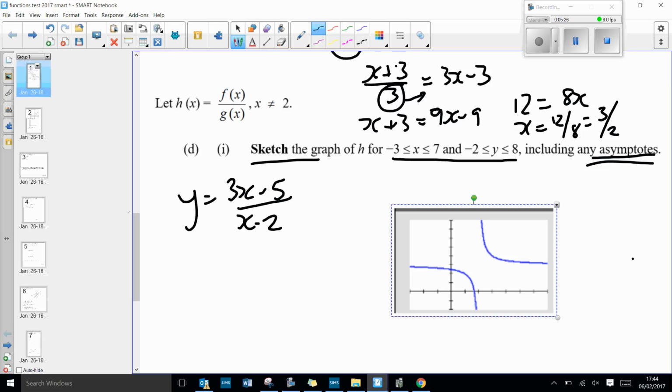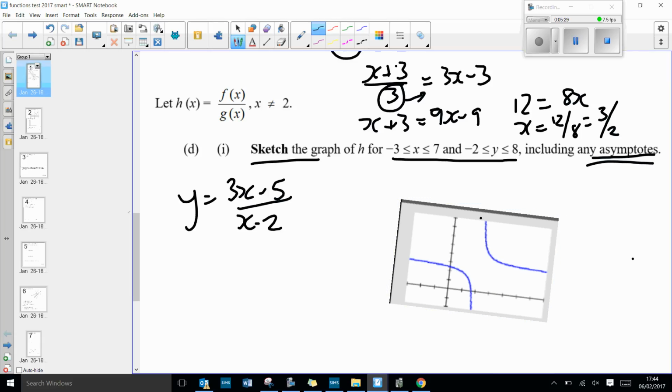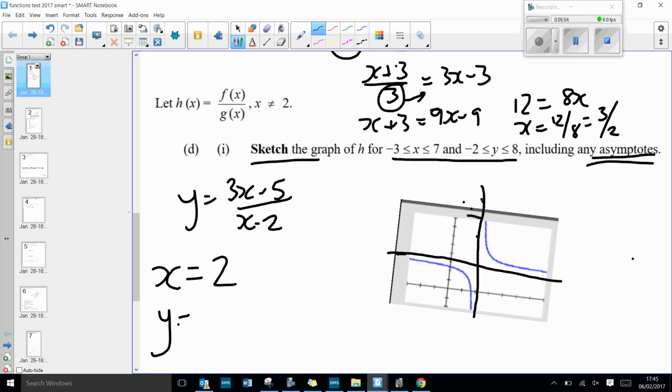And so we can see there's a vertical asymptote along here and a horizontal one there. We should probably give the equations of those. So the vertical one, because you know I'm all about that. So we have the vertical equation is x equals 2, and the horizontal one would be y equals 3.